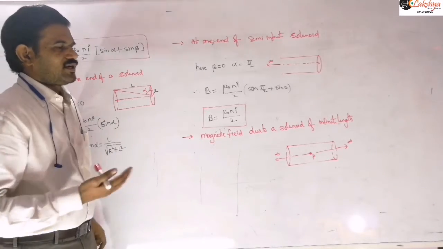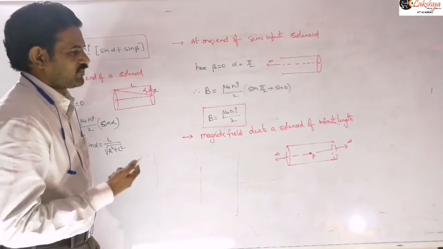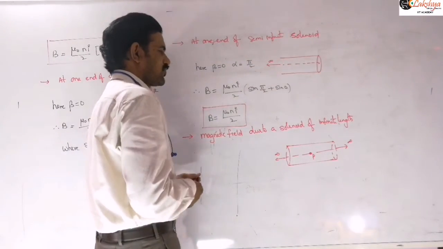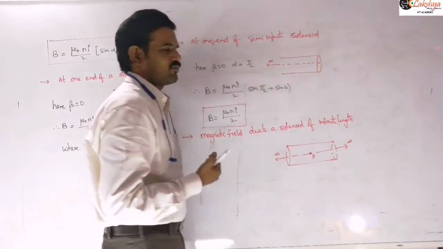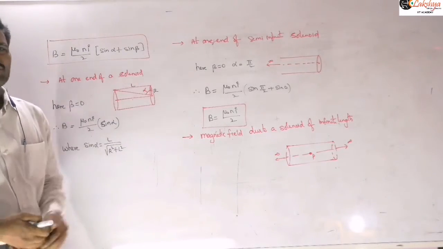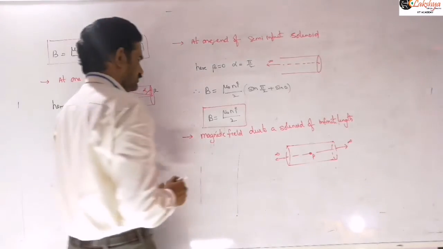So for the infinite length solenoid, this case is important for us, and if nothing is given, most of our problems related to solenoid will be related to this infinite length only, right?